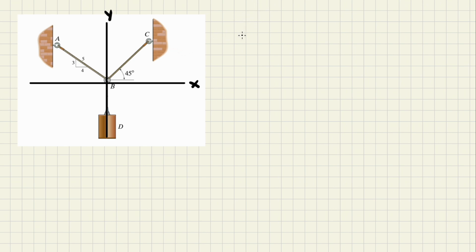So what we're going to start off with is our free body diagram for point B. I have my cable AB right here, BC, and BD. And this is point B right here. I have tension in all of my cables, so I want to draw out my tension. This one goes in both x and y directions.